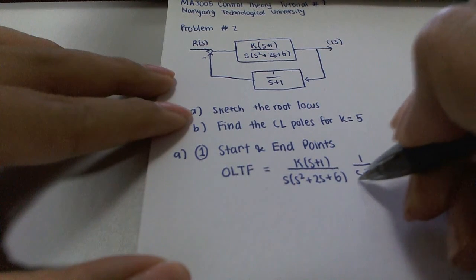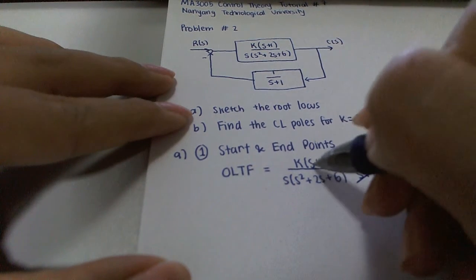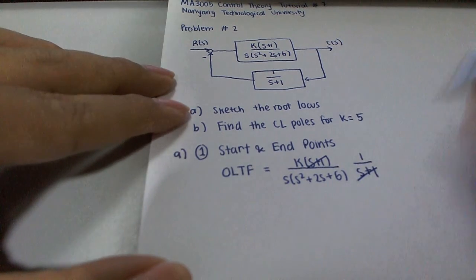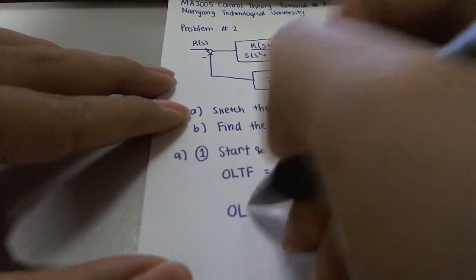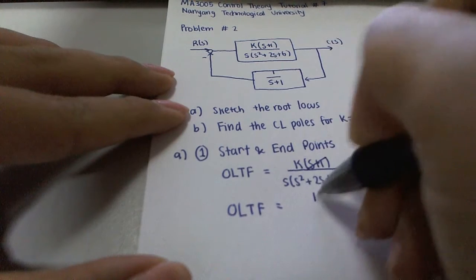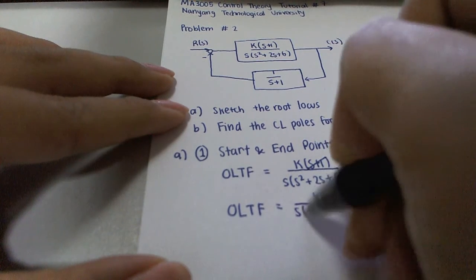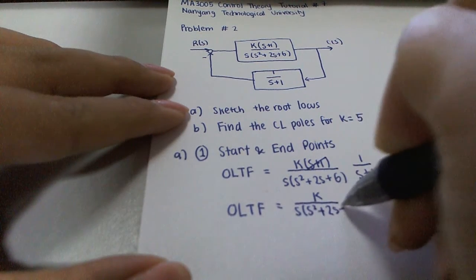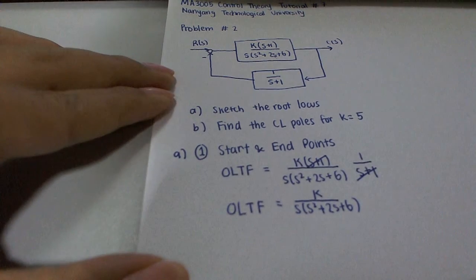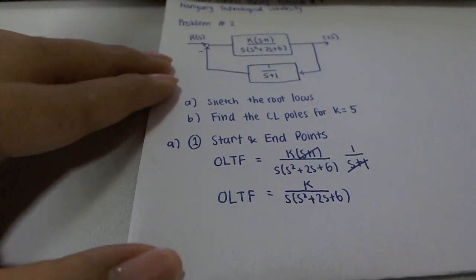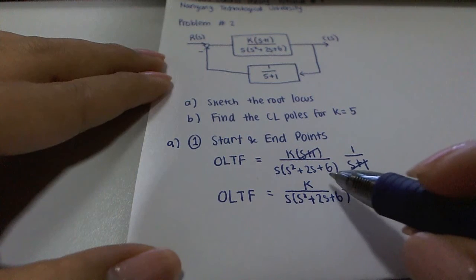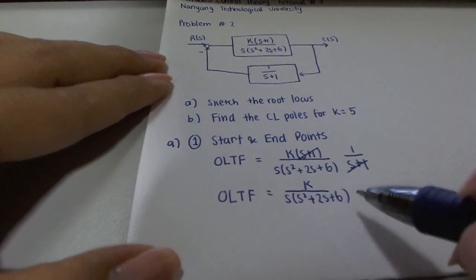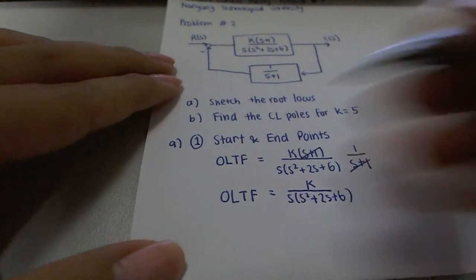If I cancel s plus 1 at the bottom and at the top, what I will get is k over s multiplied by s squared plus 2s plus 6.